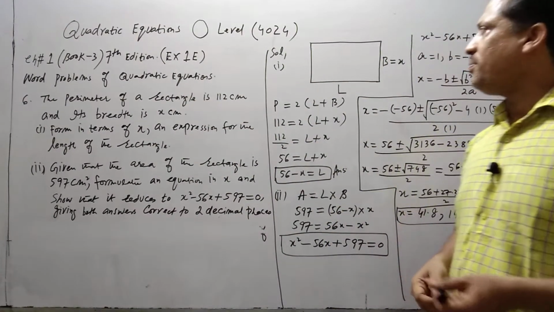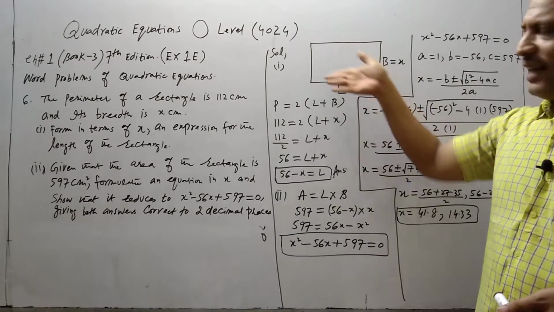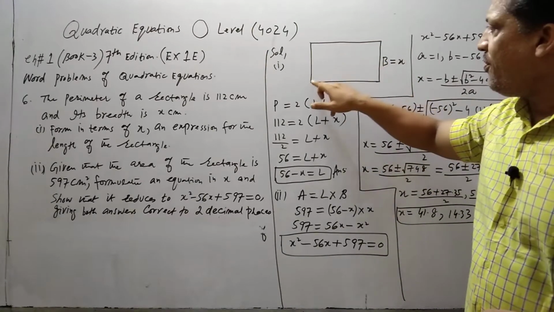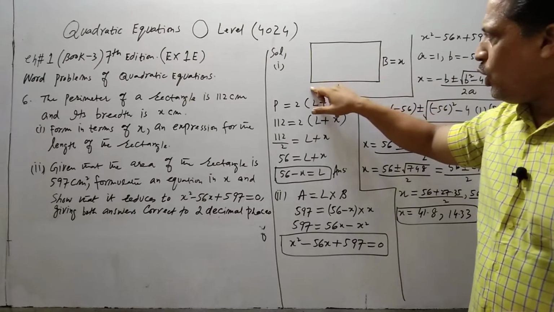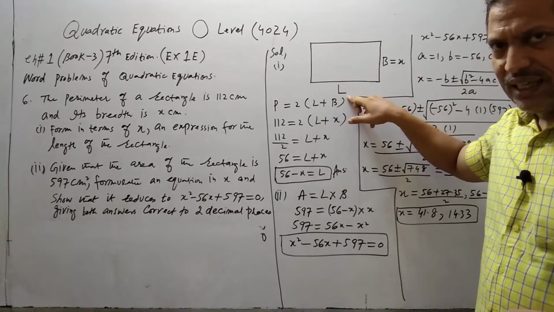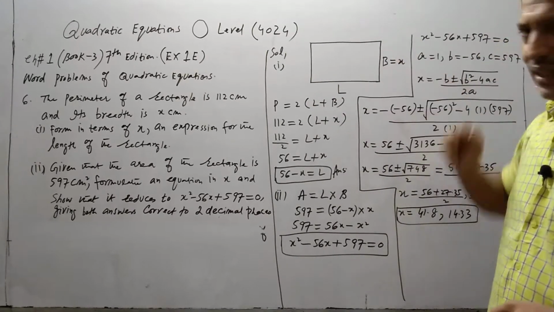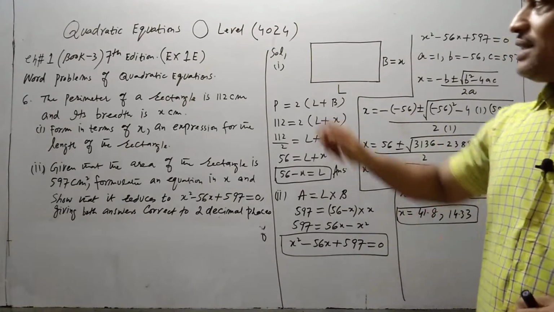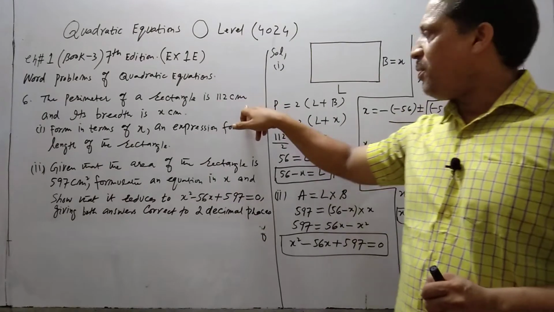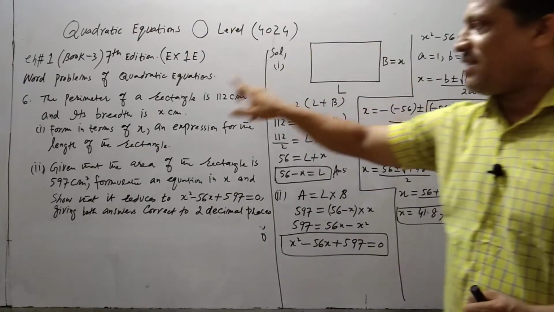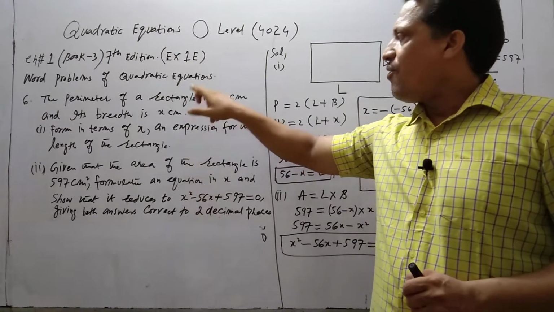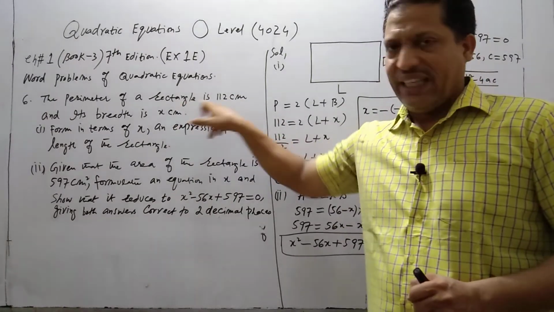You know, student, if this is our rectangle, I just roughly draw, and if we assign the longest side as length and the shortest side as breadth, the perimeter is given 112 centimeter and breadth is given x centimeter. We have to find the length with the help of these two given conditions.